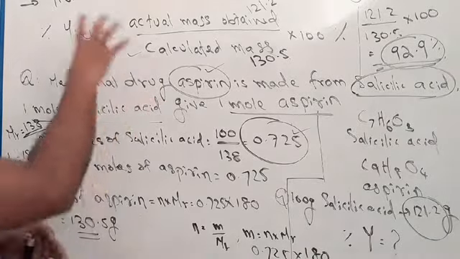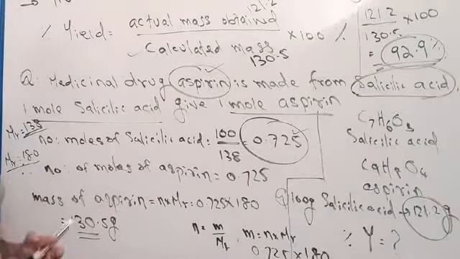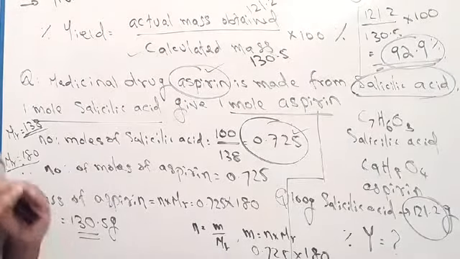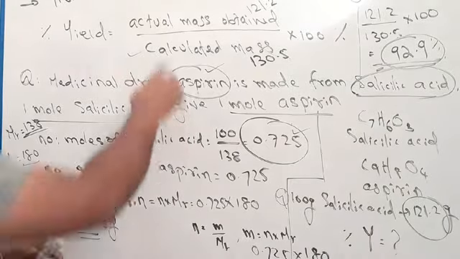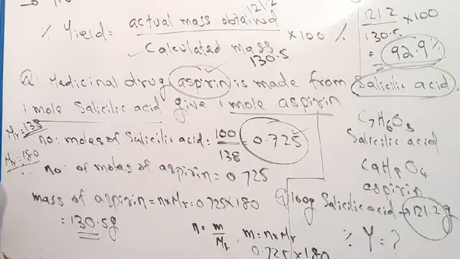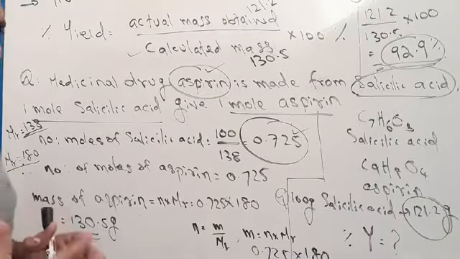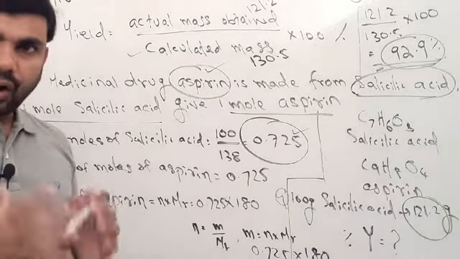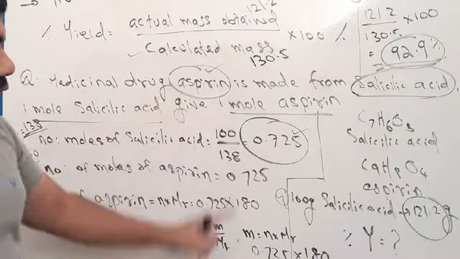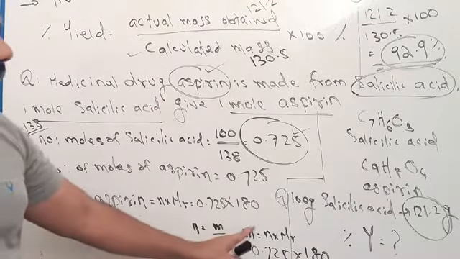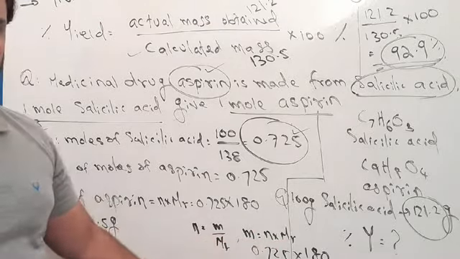So here you have to remember how to find percentage yield. Percentage yield, actual mass divided by calculated mass times 100. This actual mass always given in the question. Actual mass means mass of product formed during chemical reaction. Calculated mass means we have to find this number of moles times molecular mass.